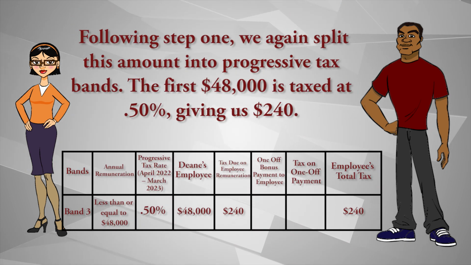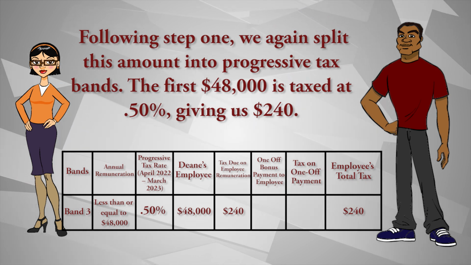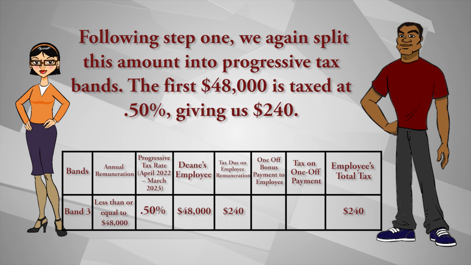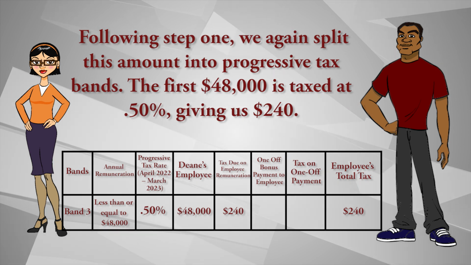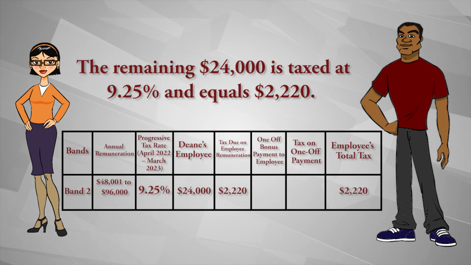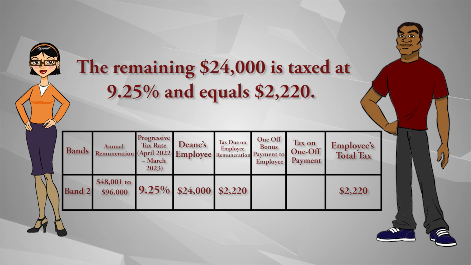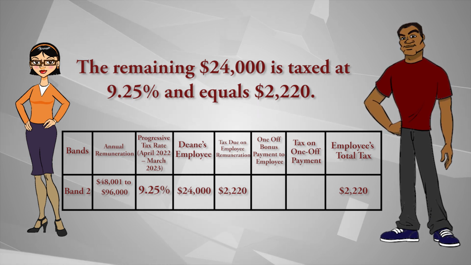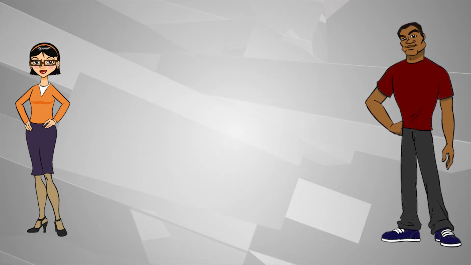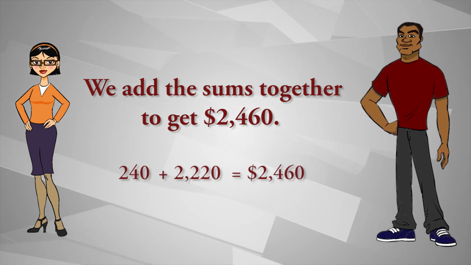Following step 1, we again split this amount into progressive tax bands. The first $48,000 is taxed at 0.5%, giving us $240. The remaining $24,000 is taxed at 9.25% and equals $2,220. We add the sums together to get $2,460.